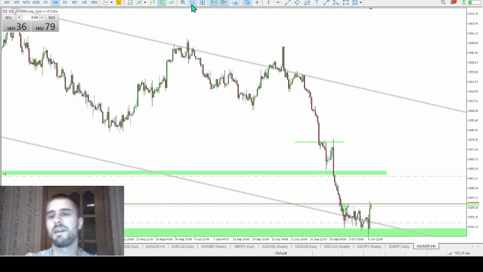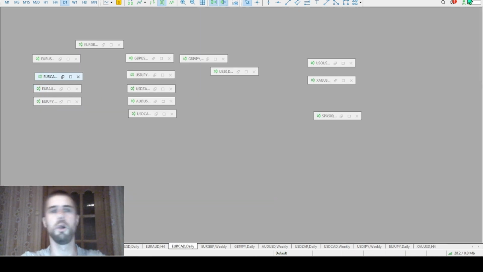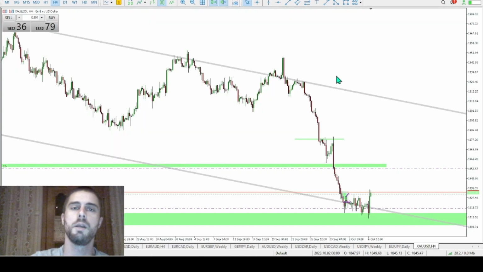And my target for now is just the next resistance zone or a little bit below it. So the risk to reward here is like 1 to 2, but I can extend this stop loss to this level, so below these previous lows. And that's it for this market, guys. I expect a push to the upside.